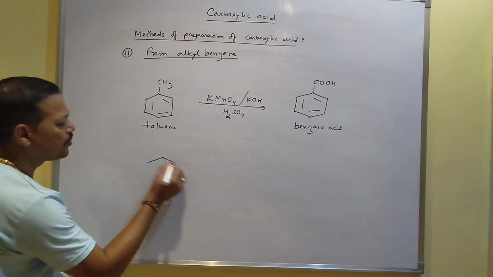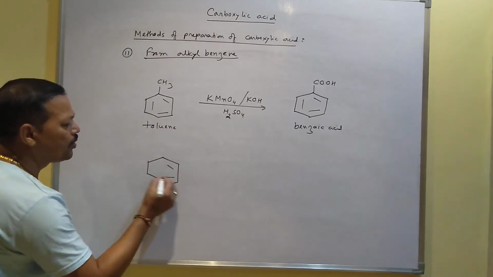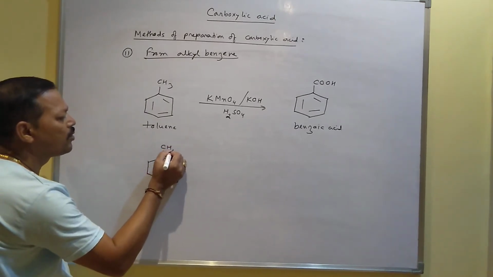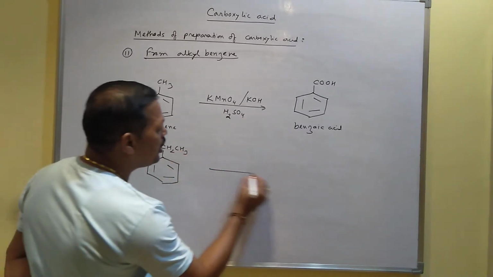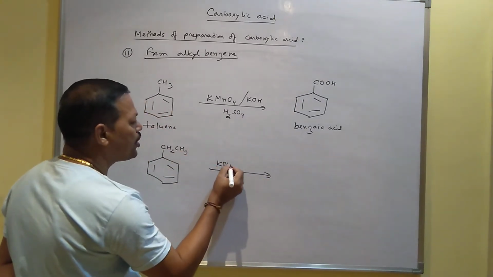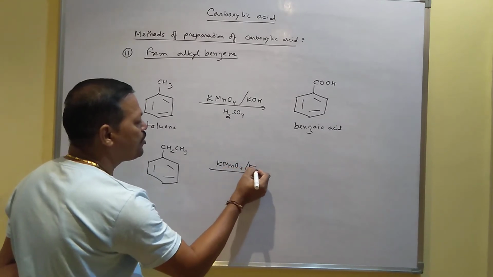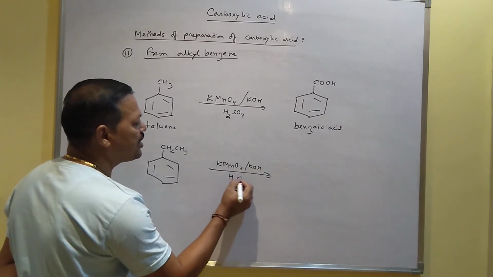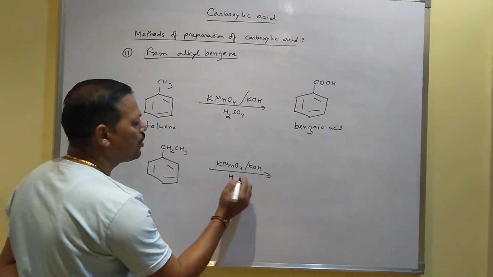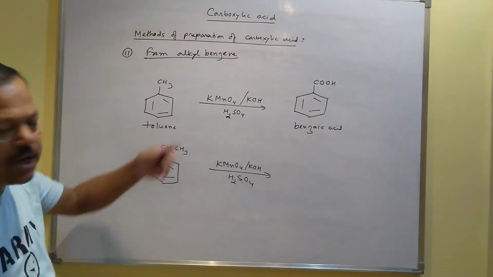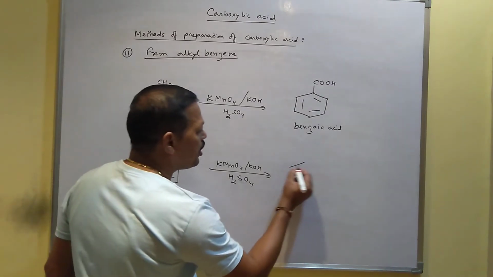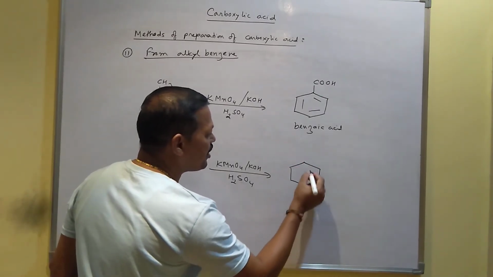Similarly, this is ethyl benzene. If you apply potassium permanganate and potassium hydroxide, followed by sulfuric acid, here 2 carbons are present, but whether 2 carbon or 3 carbon are present, you will get 1 carbon above the benzene ring.